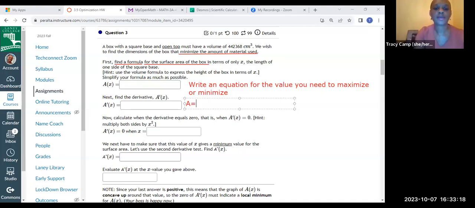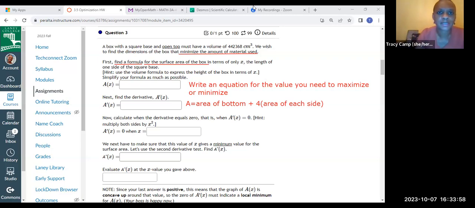It'll be the area of the bottom plus 4 times the area of each side, because there are 4 sides, right? That's how we're going to get our formula, by figuring out the area of the bottom of the box and then the area of each side.